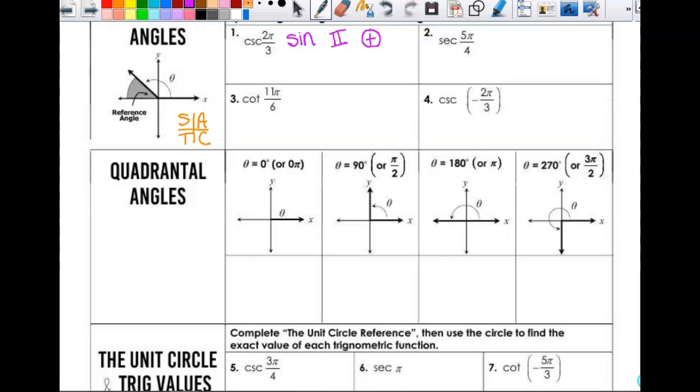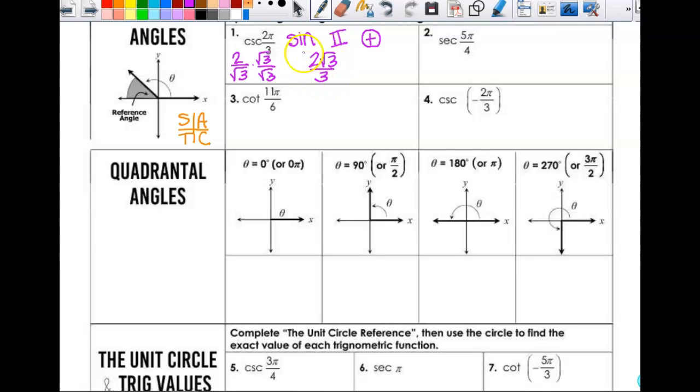Because now I don't even care about 2 pi thirds, I can just think about pi thirds. So the sine of pi thirds is square root of 3 over 2, right? So this is going to be 2 over the square root of 3, but I can't leave it like that, right? So when I rationalize, I end up with 2 square roots of 3 over 3.